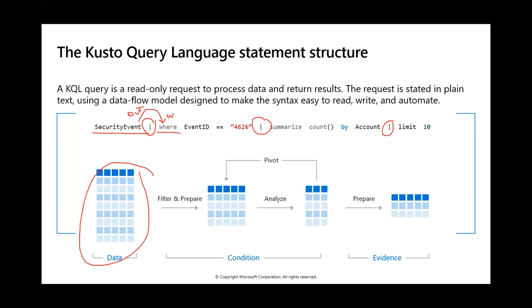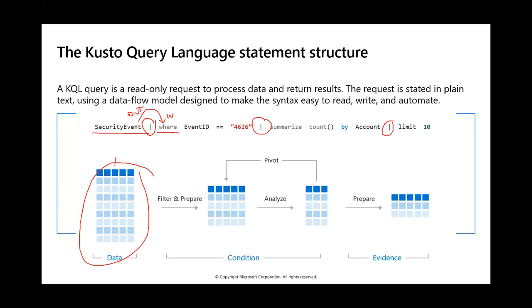And using other operators, now we can start processing the data that we just took as an input from the previous output. So this operator, where, is where we can start filtering, for example by the event ID. For all these columns, we'll have a name of the column or a parameter.